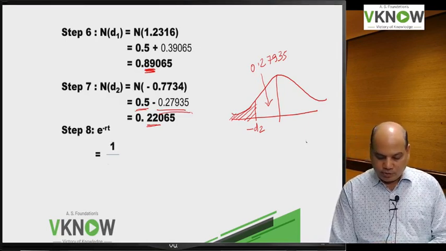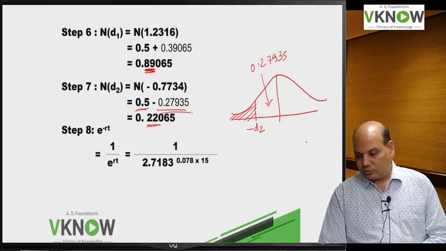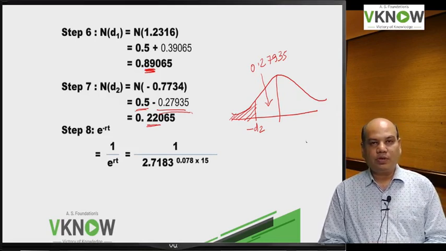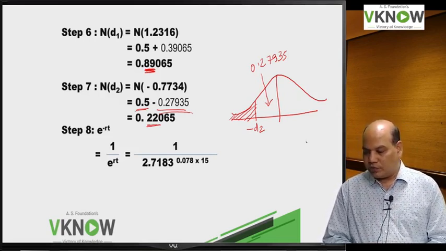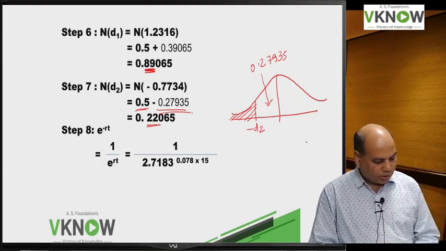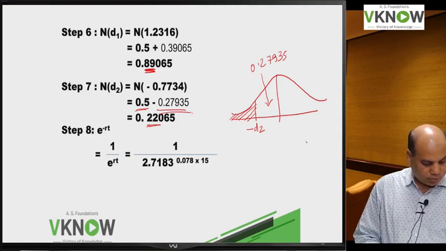Now we'll compute the PV factor. 1 divided by e to the power RT. 1 divided by 2.7183 to the power 0.078 into 15.